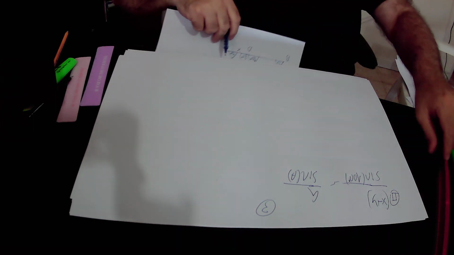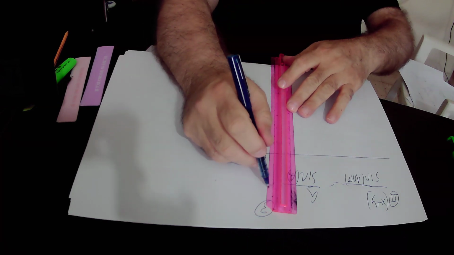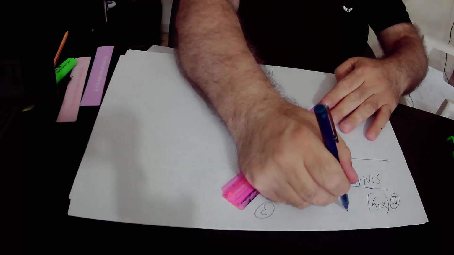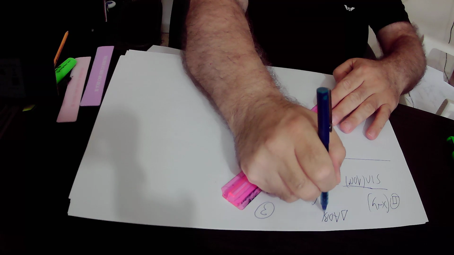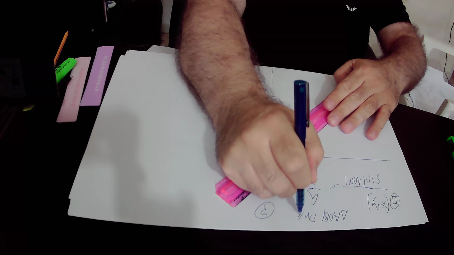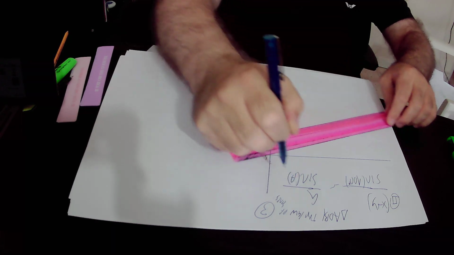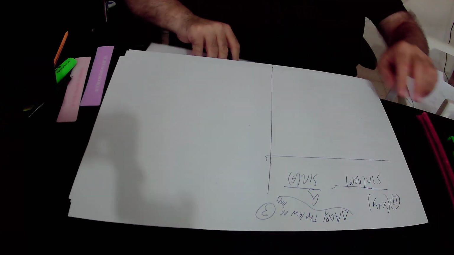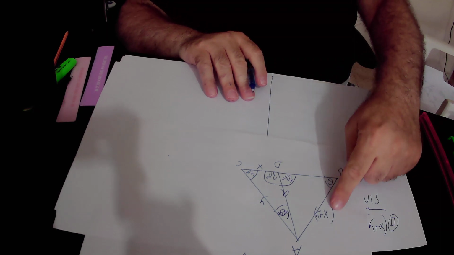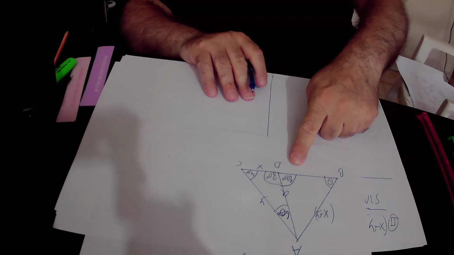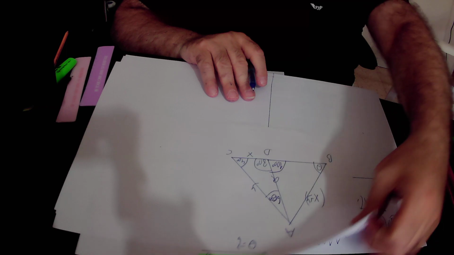This equation number 2 is the implementation of the law of sines in triangle ADB. I repeat again: in this triangle ADB, according to the law of sines, we get that x plus y over sine 100 degrees equals a over sine theta. Okay.